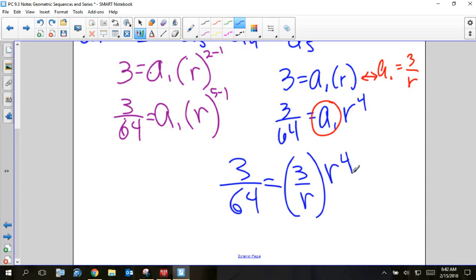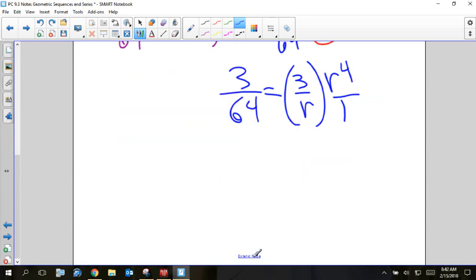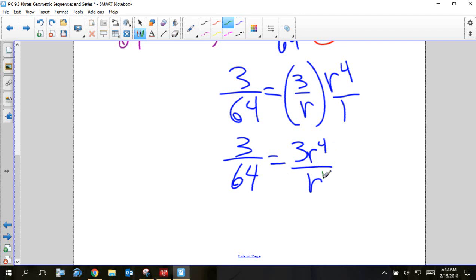I'm going to multiply a fraction by a whole number. Put it over 1, go straight across. Now, what do I do? What am I subtracting? Here, when you're dividing like bases, you subtract your exponents. So I will have a 3 up here.